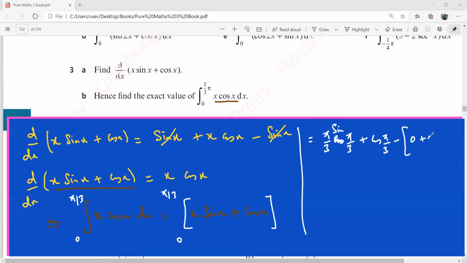Sine pi by 3 is under root 3 over 2, cos pi by 3 is half, and cos 0 is 1. So you have pi under root 3 over 6 minus half. That is its exact value.